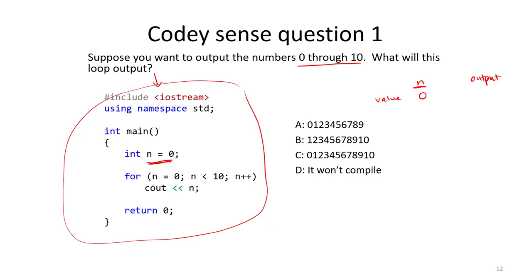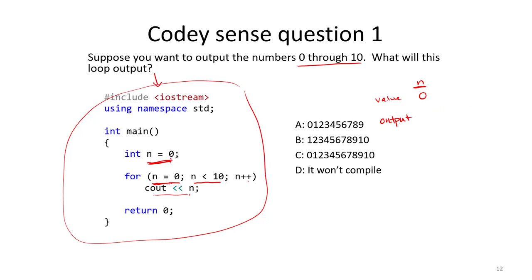So we set n to 0 again in our for loop, and we say, okay, for every n starting at 0 and less than 10, we're going to output n and then increment our counter. I'll write the output down here so we have more room.